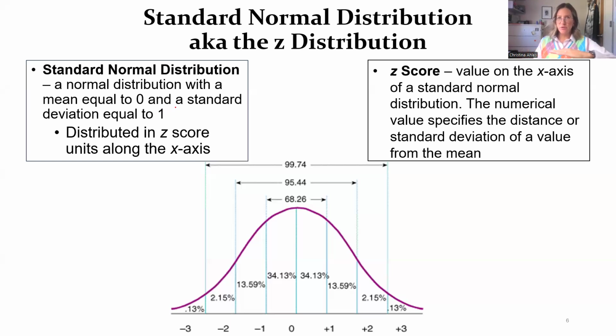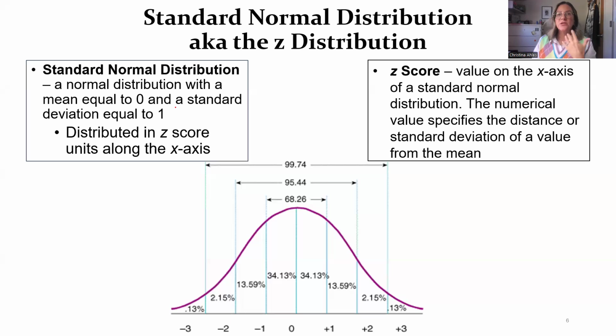Once you distribute those, you transform every raw score to z-scores. They're along the x-axis, and the z-scores really are values on that x-axis that tell us the distance in standard deviations that a raw score or value is from the mean.